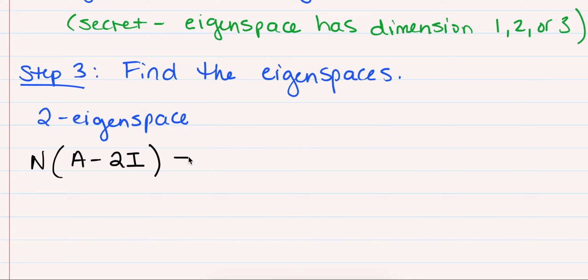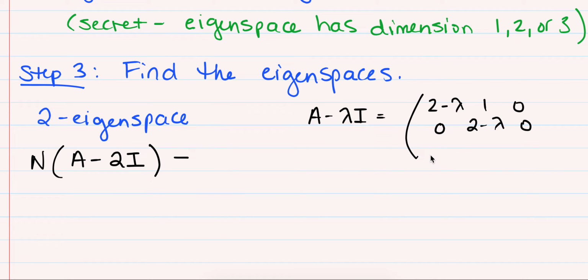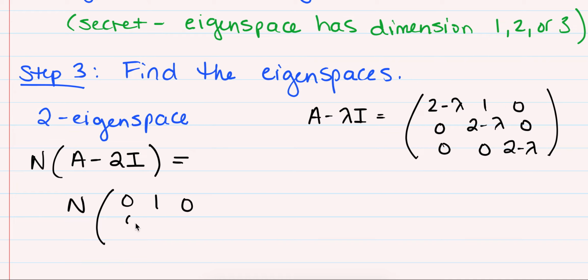So how do we do that? Well, we need to plug in 2 times I and then subtract it from our matrix. Remember, A minus lambda I was equal to 2 minus lambda, 1, 0, 0, 2 minus lambda, 0, 0, 0, 2 minus lambda. So if we plug in 2 into each one of these, we get that we're looking for the null space of 0, 1, 0, 0, 0, 0, 0, 0, 0.